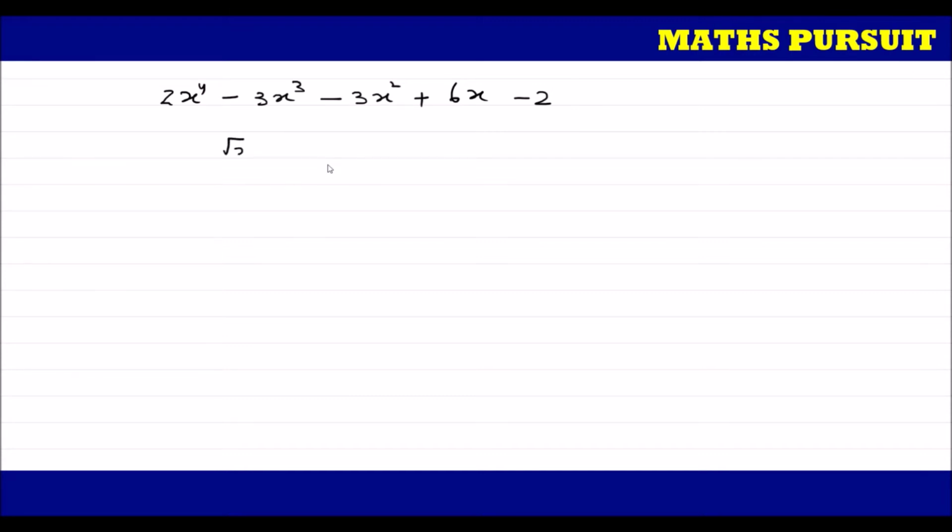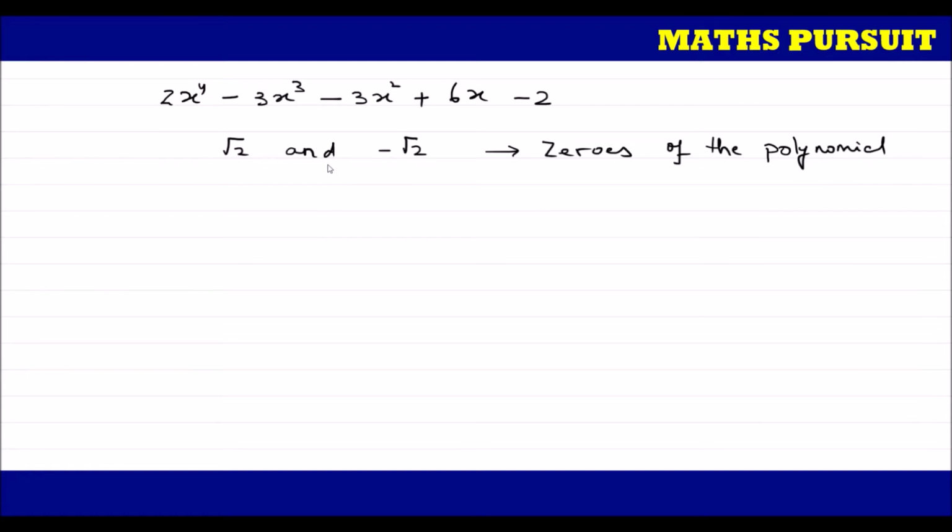Root 2 and minus root 2. These are the two zeros of the above polynomial. Now guys, with the help of these two zeros, the question is asking us to find out the other zeros of this polynomial.